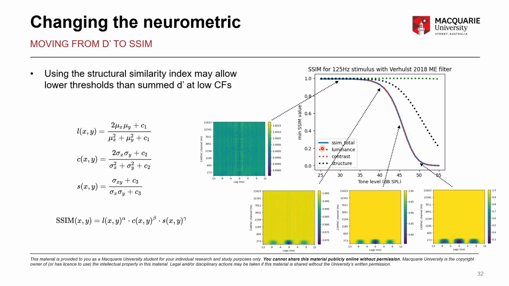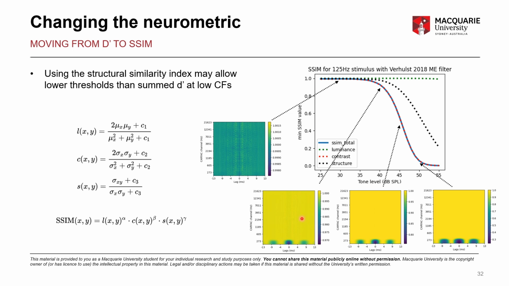Here you can see these SSIM matrices, which are the product of the luminance, contrast, and structure, for a 125 Hz tone versus silence at 4 different levels: 30, 40, 45, and 50. At 30, you can see that clearly there's no structure at all, and indeed it is below the threshold, and exactly the same.